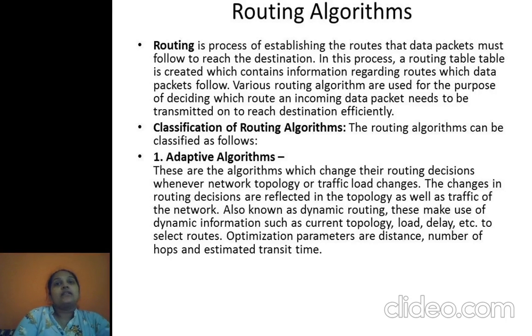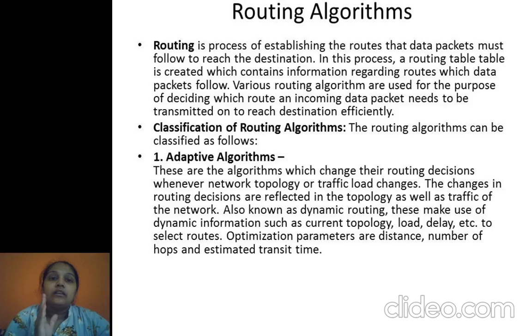In this process, a routing table is actually used to create the information about the routes. Next, various routing algorithms are used for the purpose of deciding the routes for the data packets.